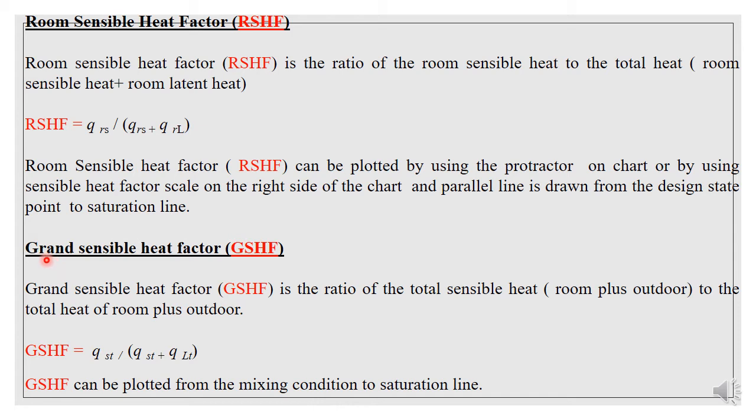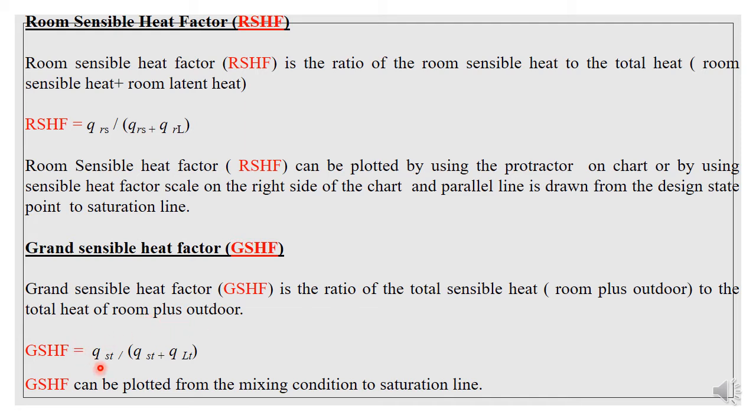So another one is grand sensible heat factor, and this GSHF is the ratio of the total sensible heat, which is room plus outdoor, to the total heat of the room plus outdoor.